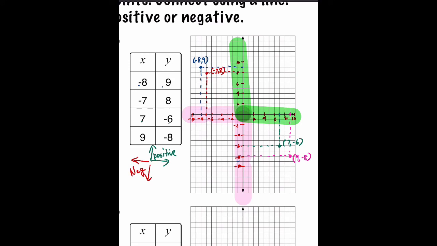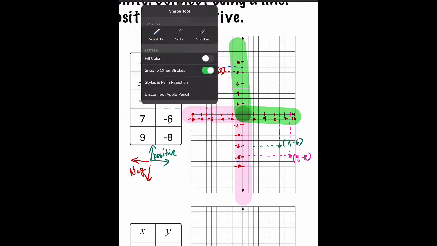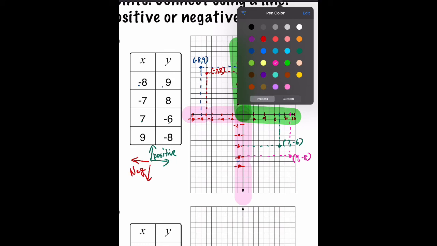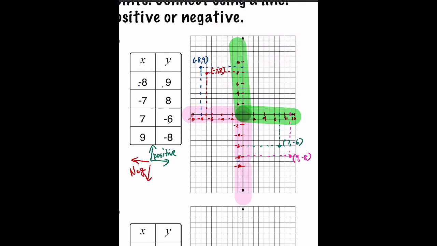Sometimes you can use the straight line tool, but sometimes it doesn't go to where you want it to go. For example, see, I use the straight line tool. Let me change the color. Let's use brown. You try to get your line as straight as possible.